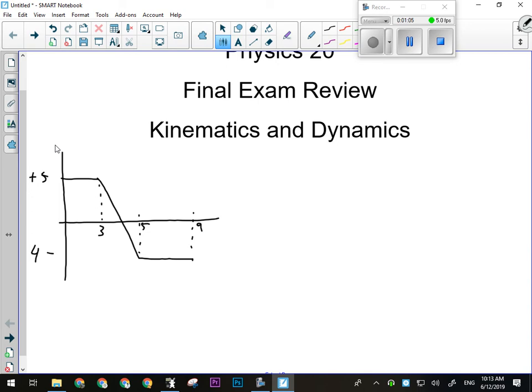We've got meters here and seconds here. And I asked you to calculate for me the average velocity of the object. What would you need to do?